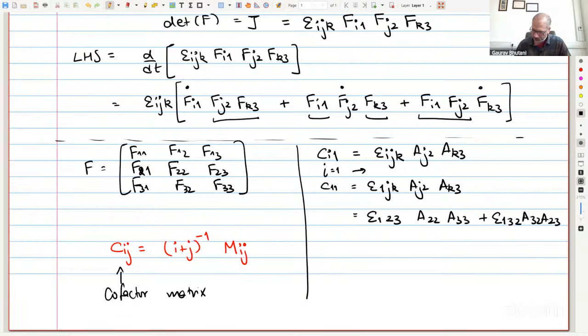Sorry, I've started using A here now. I should be using F. This is Fj2 and this is Fk3.